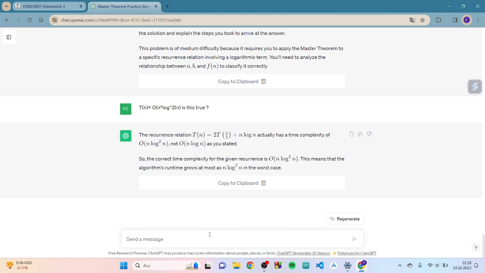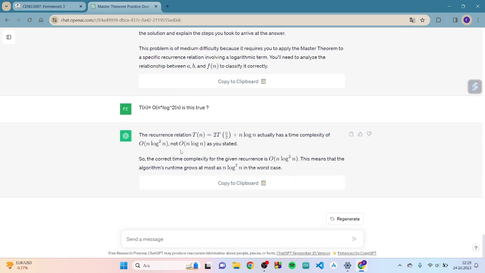Okay, actually it has the time complexity of n. Says not O(n log n), but I say O(n log square n). So I think it is true as said. So the correct time complexity for the given recurrence is O(n log square n). Okay, this is not a problem.